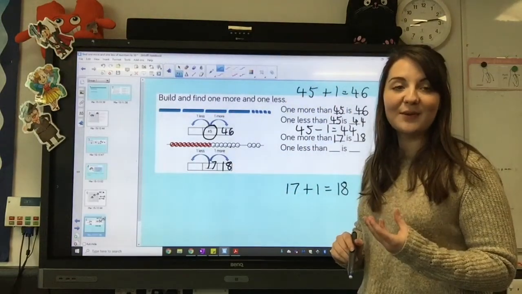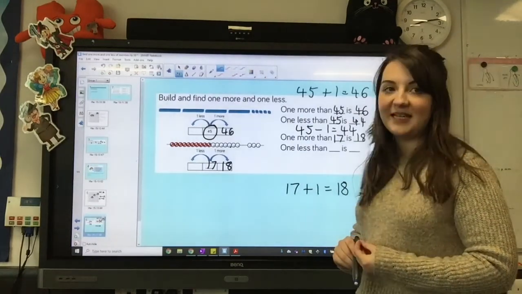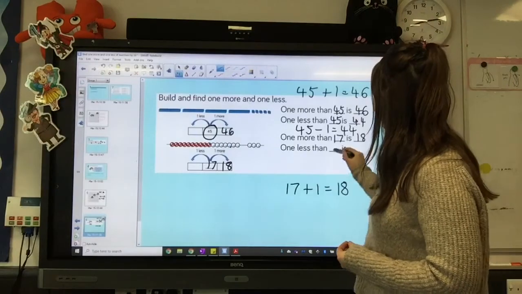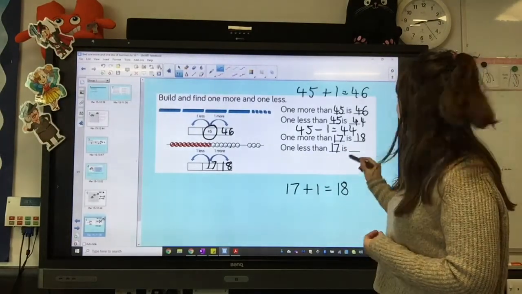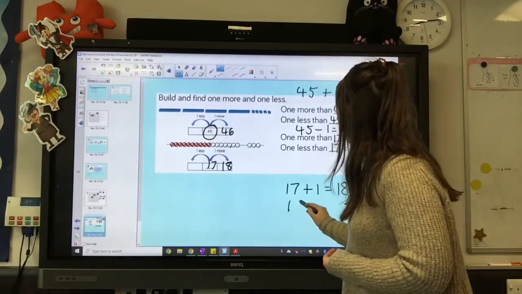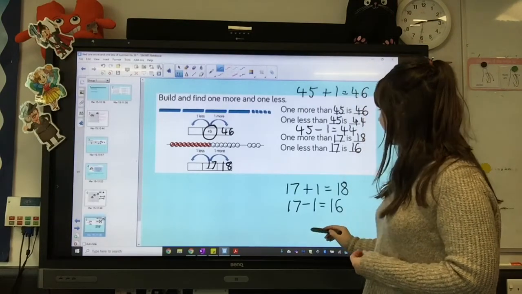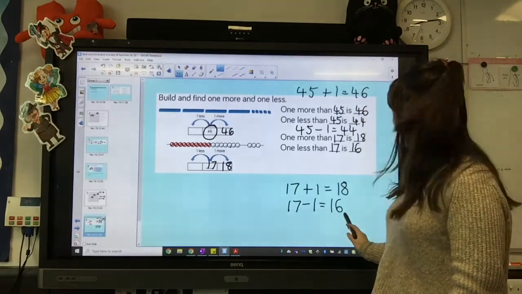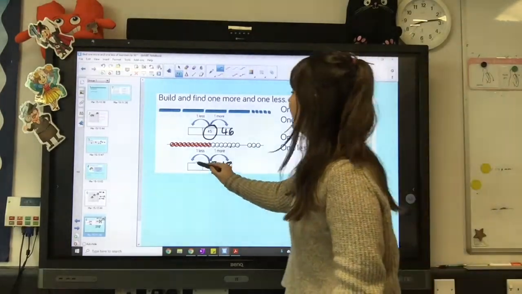Use your 50 square to find one less than 17. One less than 17 is 16. 17 take away 1 this time equals 16. 7 take away 1 equals 6. So 17 take away 1 equals 16.